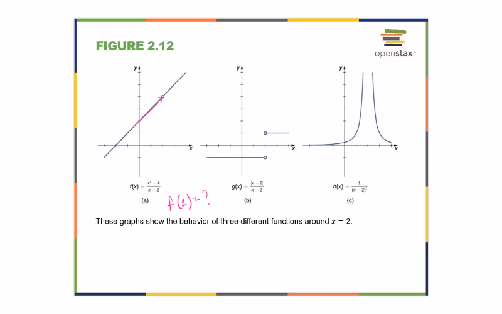Same thing from the right side: as I plug in values like 2.1 or 2.01 or 2.001, as I get closer and closer from the right side to 2, what does the output equal? That's what we're looking at with limits: as we get super, super close from either side of that input value, what is our output going to be?